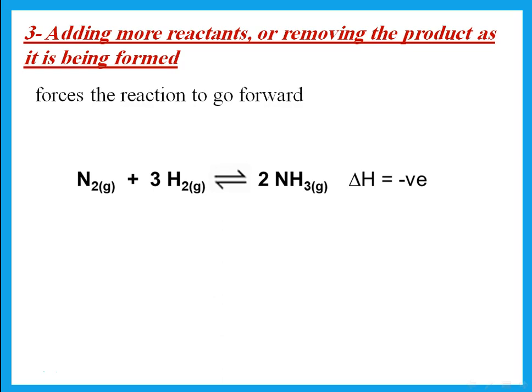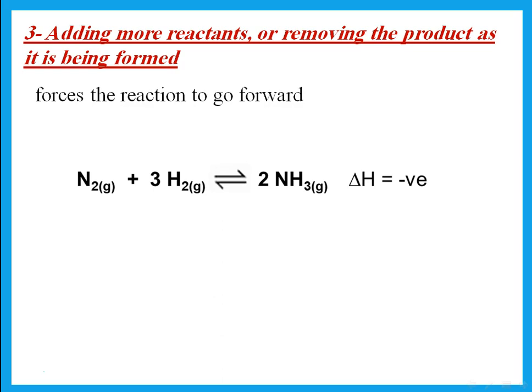Okay, something else that I can change would be the concentration of the reactants and the products. So if I add more reactants, the reaction will try to go forward in order to use up these extra reactants. If I add more nitrogen, it will go forward and give me more ammonia. If I remove the products, if I remove ammonia as it is made, that means we're decreasing its concentration.